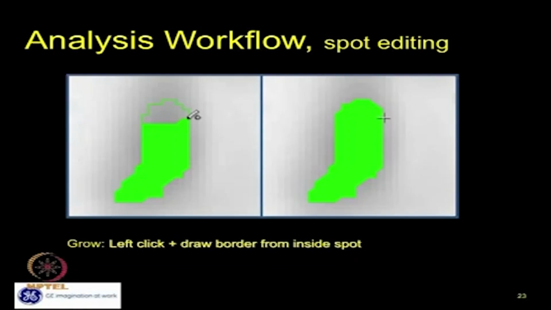Yeah, exactly. Then another option in spot editing: if you are not satisfied with your boundary and you want to enlarge it, there is no need to delete and redraw the whole thing. Instead, you can just mention exactly what area you would like to extend, so that you can expand the volume of your spot.